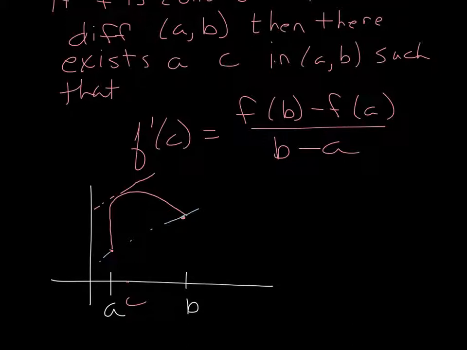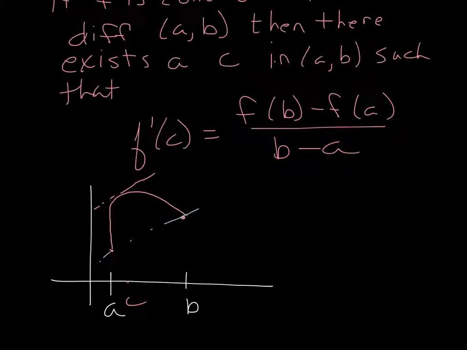First of all, for it to apply, the function has to be continuous and differentiable. If it's not, the mean value theorem does not apply. It has to be a CD. Yes, a CD. And simply what it's saying: instantaneous rate of change equals average rate of change.